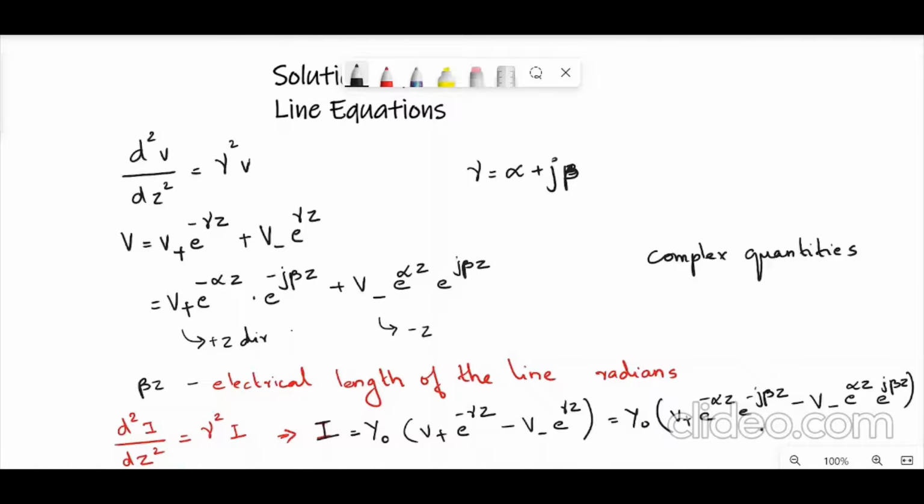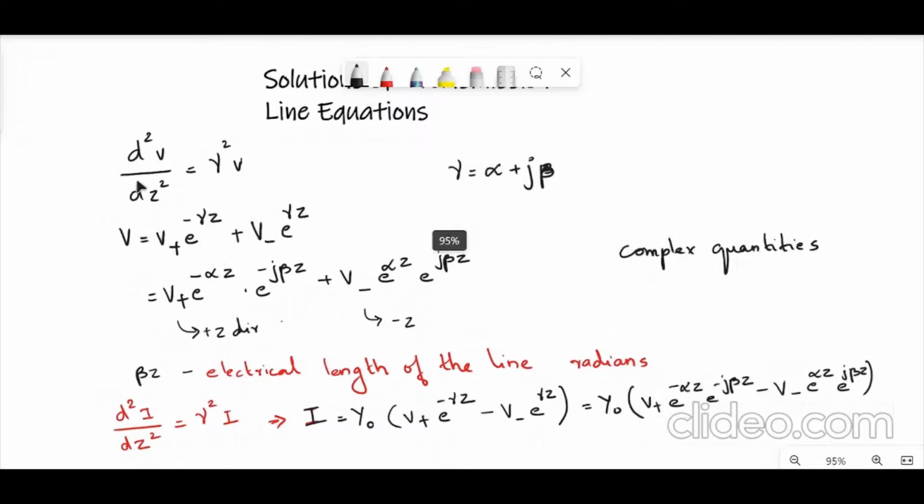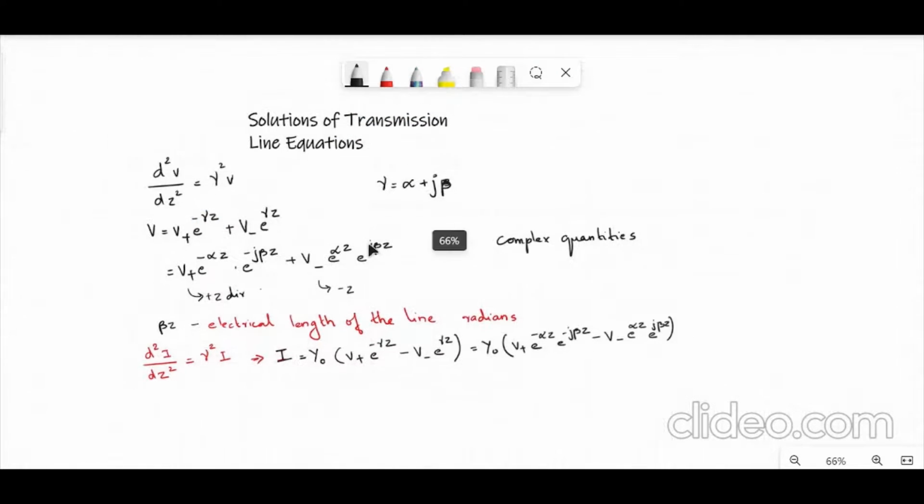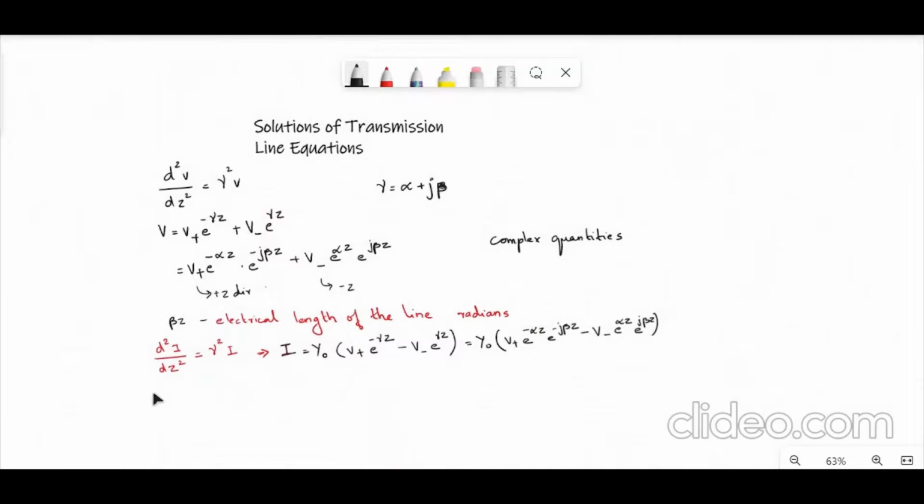So these will be the equations, and similarly the characteristic impedance, which we write as Z0, can be written as 1 by Y0. So Y0 is the reciprocal of characteristic impedance, the admittance.